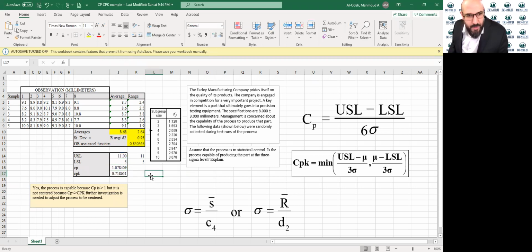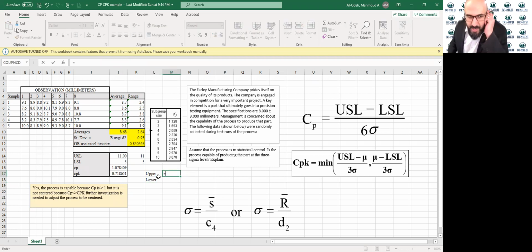Now for the CPK, I'm going to compute the upper and the lower, and select the minimum between these values. The upper would be the upper specification limit minus the average, divided by 3 times the standard deviation 0.93, closing the parentheses.